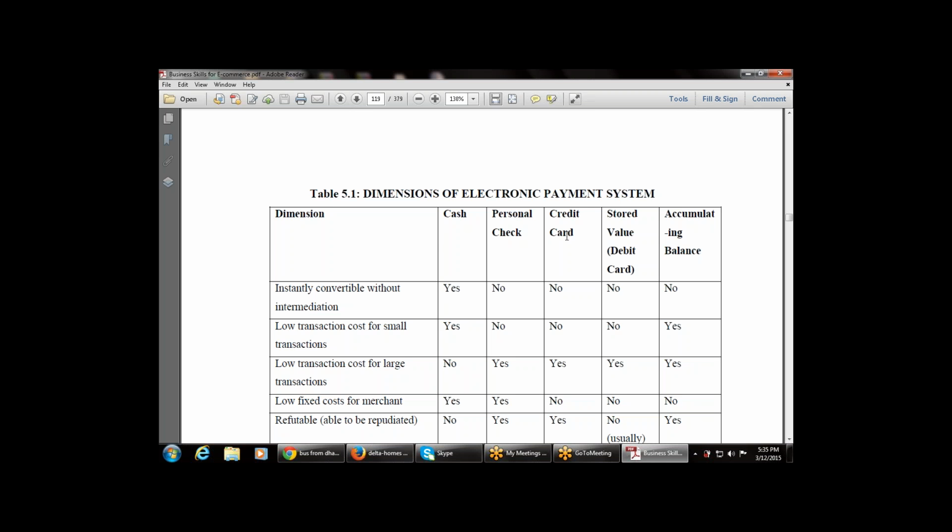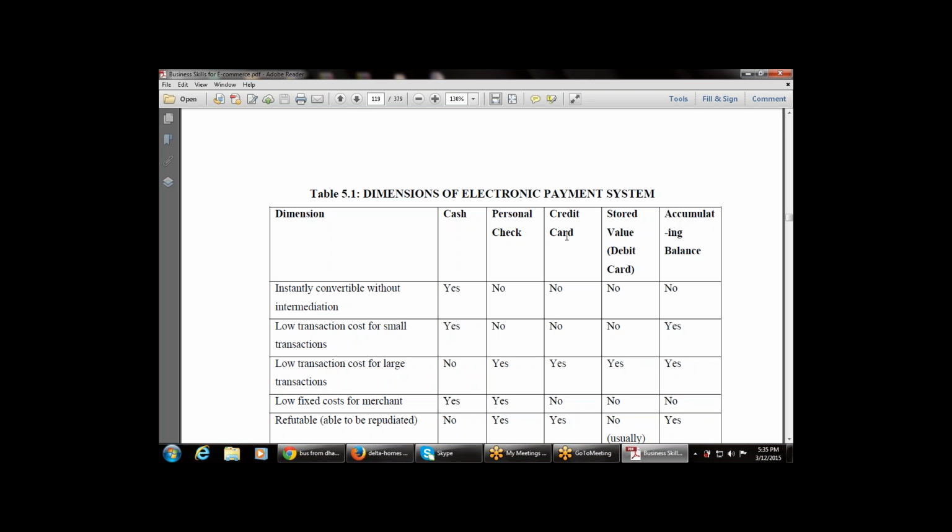Check, credit card, debit card and accumulated balance are not suitable, because instant conversion without any intermediary is possible only with the use of cash.